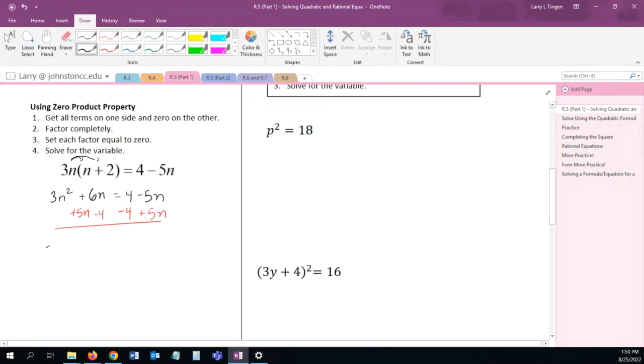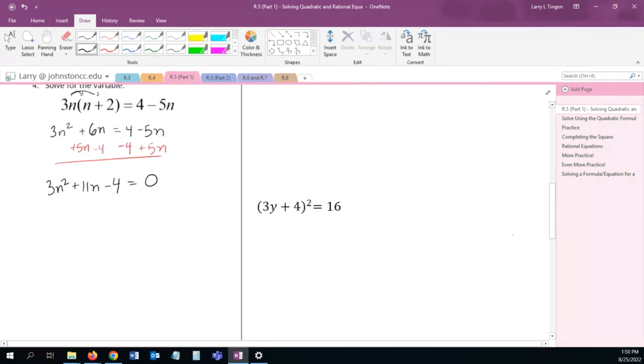So what does that give me? 3n squared is not impacted. 6n plus 5n is 11n. And then there is no constant term over here, so just 0 minus 4 is -4. All right. So I have 3n squared plus 11n minus 4 is equal to 0, and I'm asked to solve it.